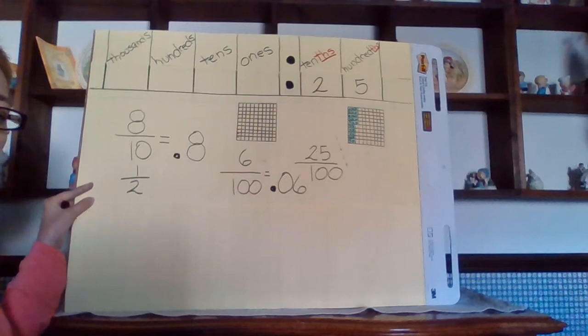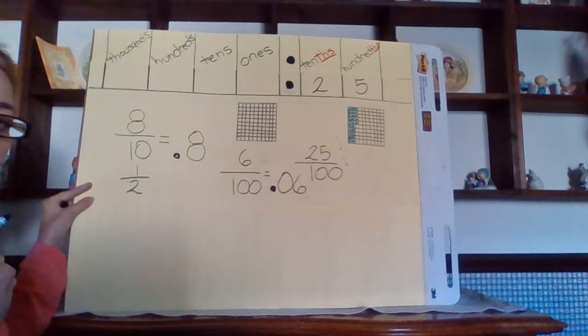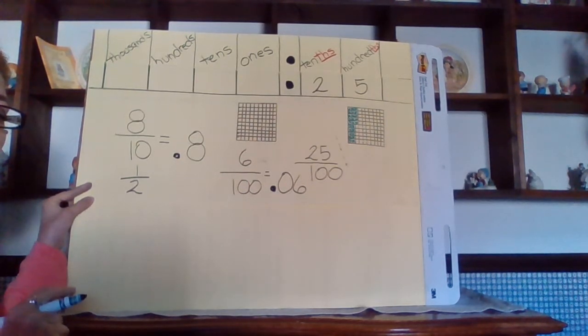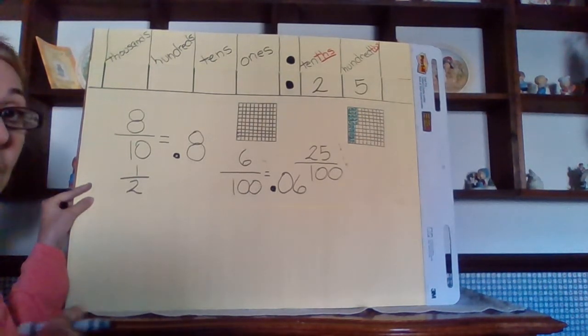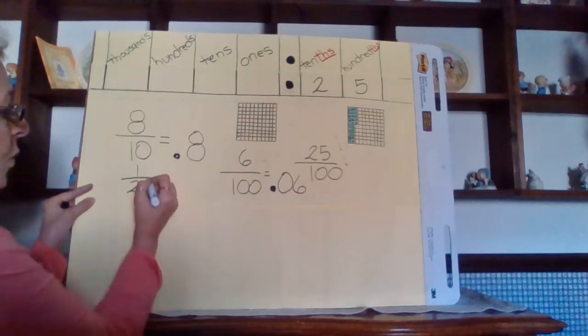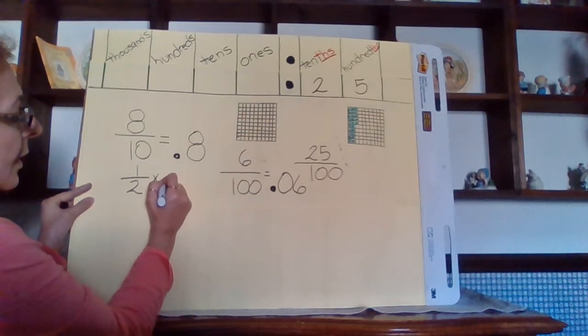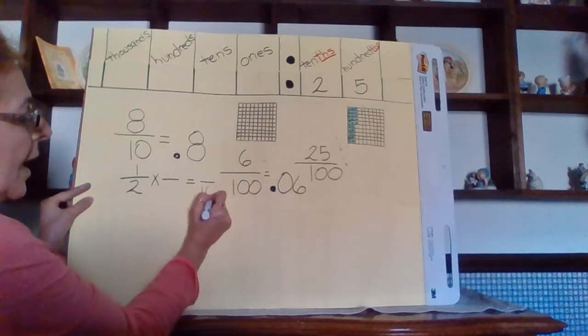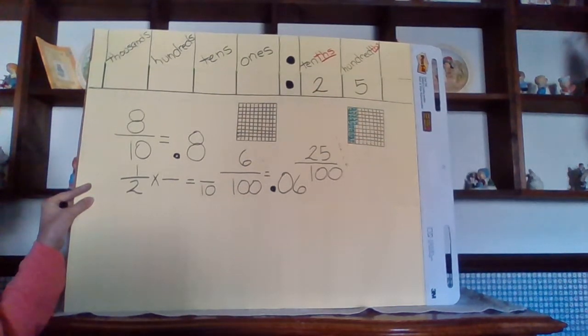Our most common fraction is 1/2. How can I write 1/2 so that it has a 10 or 100 in the denominator? Well, now we're going to draw on our knowledge about equivalent fractions. So what do I have to multiply 1/2 by to end up with 10 in the denominator?